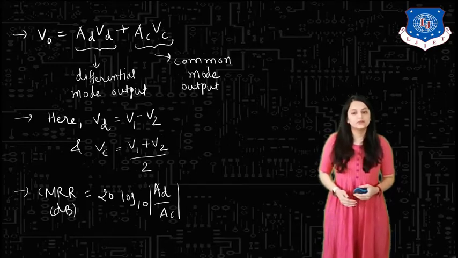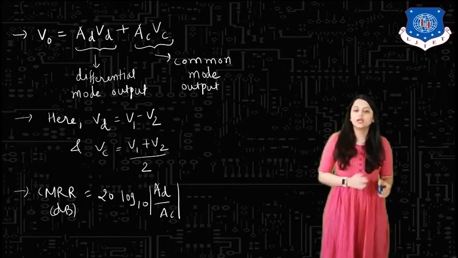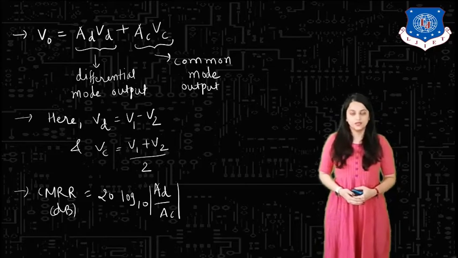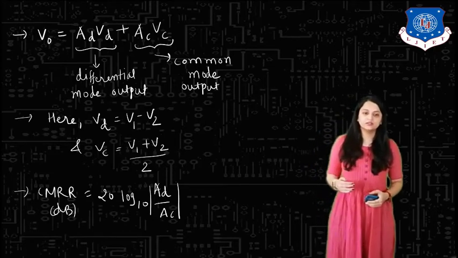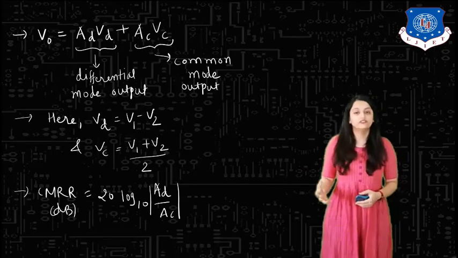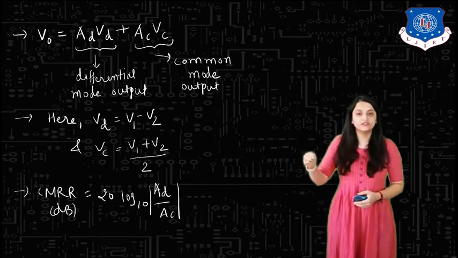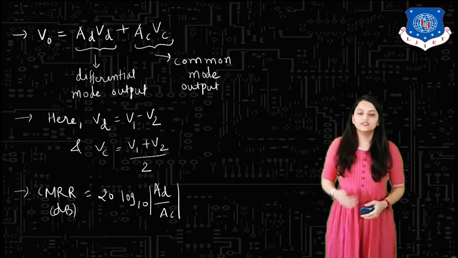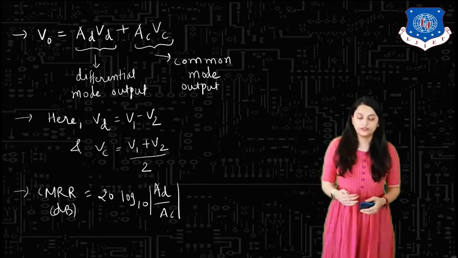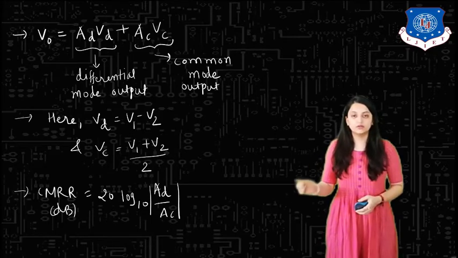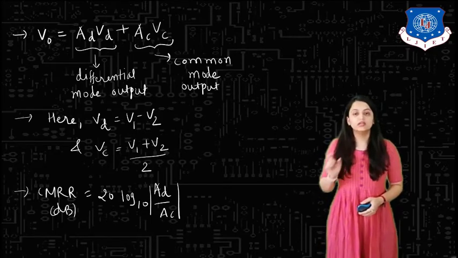Now what is the difference between differential mode output and common mode output? In differential mode output, the inputs V1 and V2 are different. For example, if V1 is 10 volts, then V2 will be 5 volts.